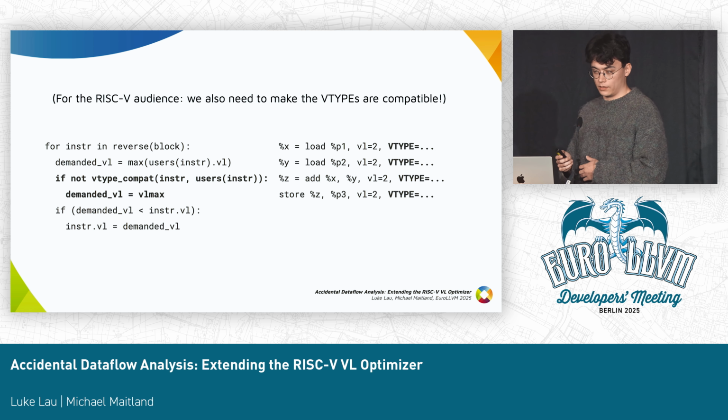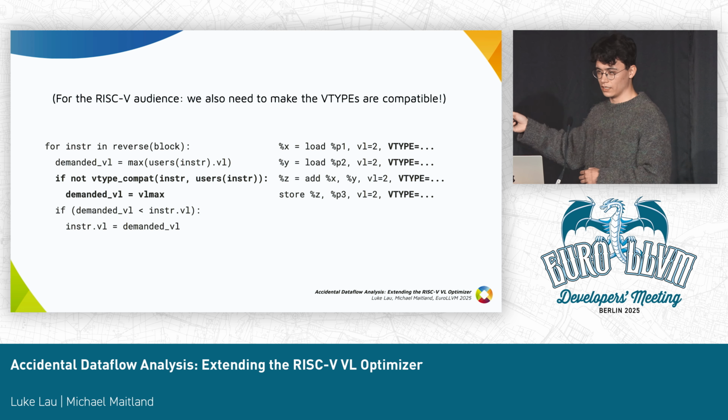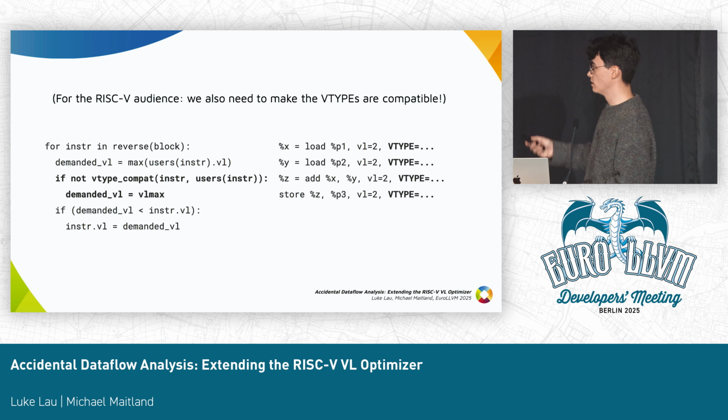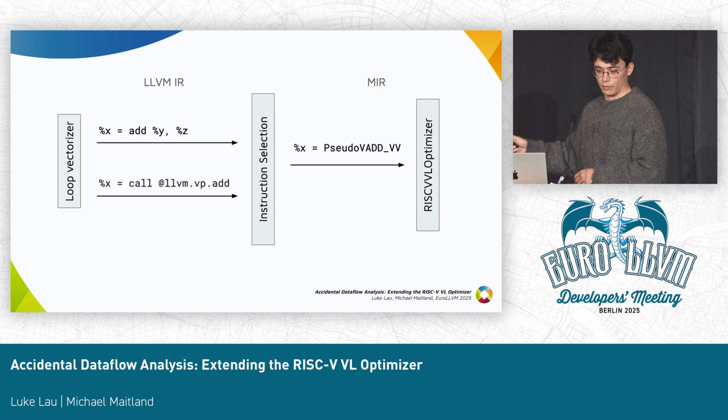For the RISC-V folks, if anyone's curious, we do have to take into account VTYPE here, like EEW and EMUL. That's where the bulk of the logic of this pass lies. So I'm not going to delve into it too much because that's a whole other separate talk. But in any case, the key thing about this pass is that it sits at the machine instruction level.